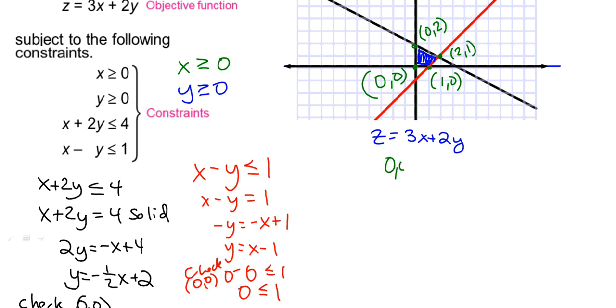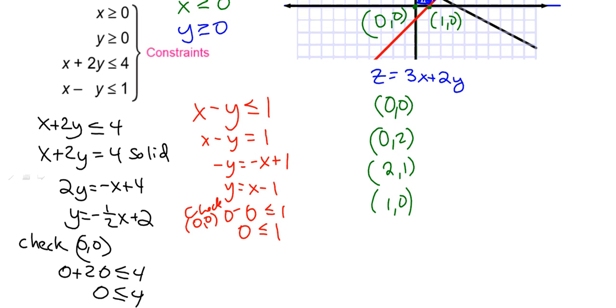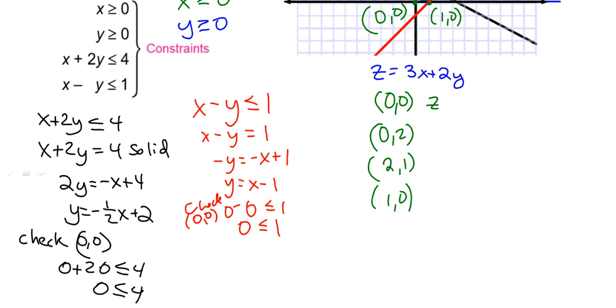So I'm going to try (0, 0), (0, 2), (2, 1), and (1, 0). And I'll just put those in the objective function and see what I get. So z equals 3 times 0 plus 2 times 0. So that's 0, obviously not a very big answer. Z equals 3 times 0 plus 2 times 2, which is 4.